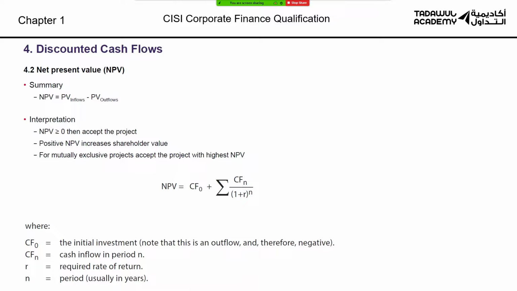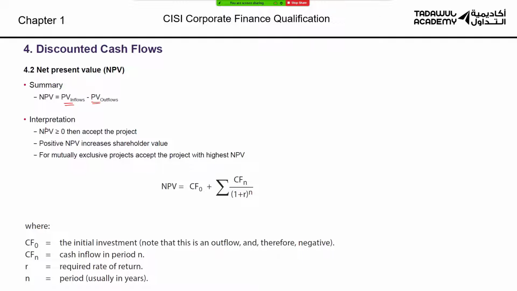So, the net present value, a way of valuing projects and investments before entering into them. The net present value is equal to the present value of the inflows, how much that investment is going to get me, minus the present value of the outflows, how much I'm going to invest in order to get it.